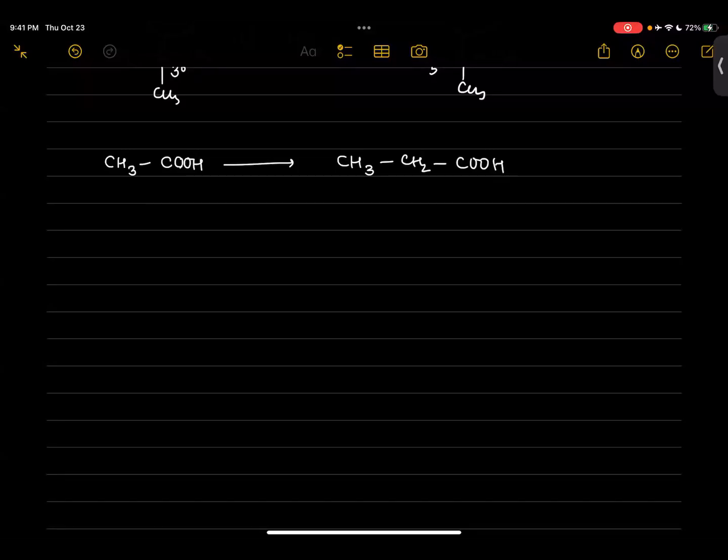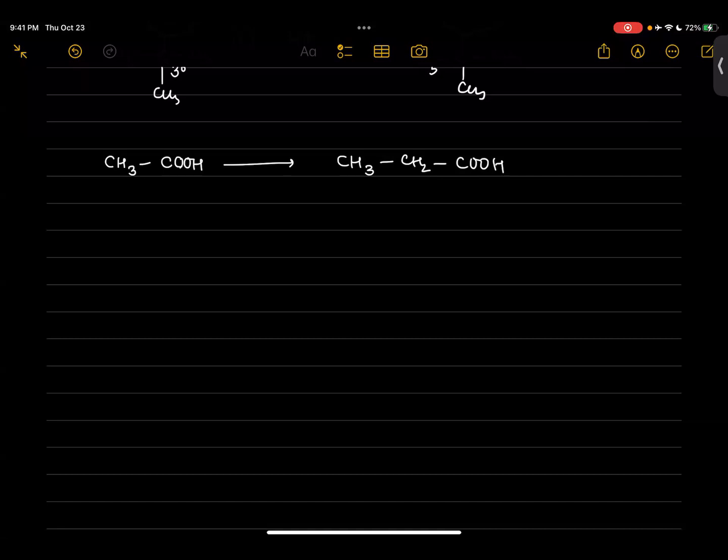Using KMnO4? KMnO4 will oxidize primary alcohol to carboxylic acid, and the carboxylic acid is already oxidized, so it will not get oxidized further. You need to increase the carbon atoms. Are the carbon atoms same or more? Definitely they are more, you can see that there is an increase of one carbon atom in the form of COOH.